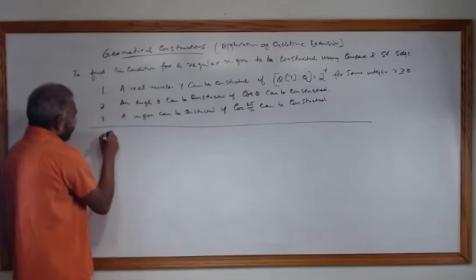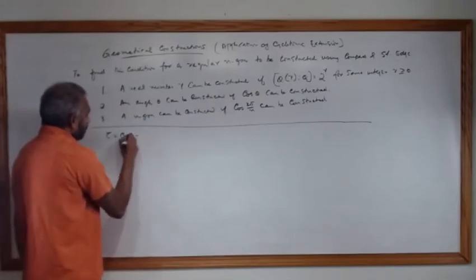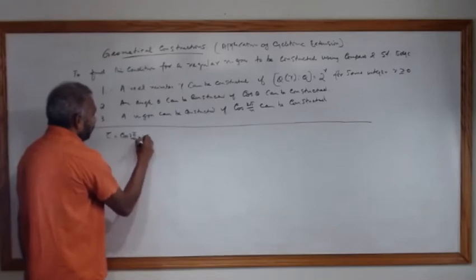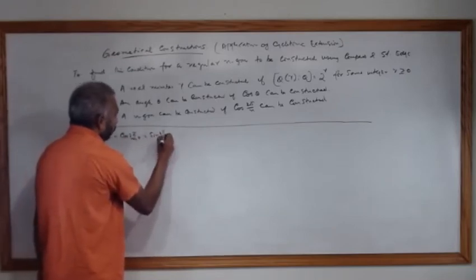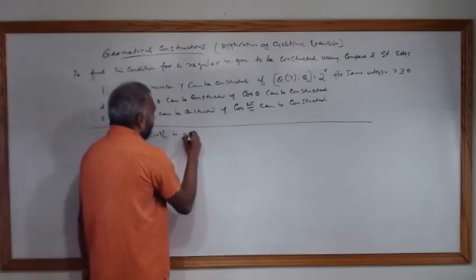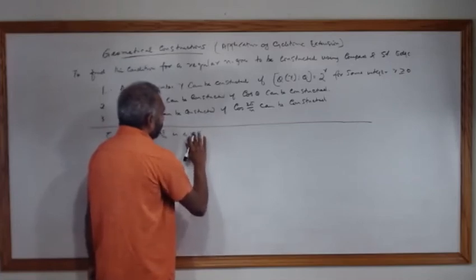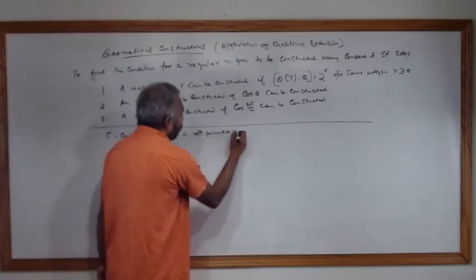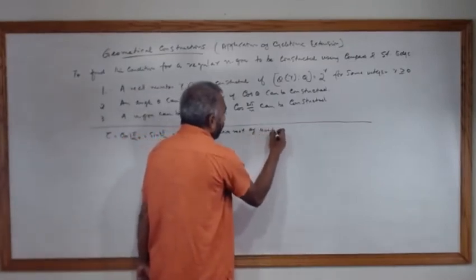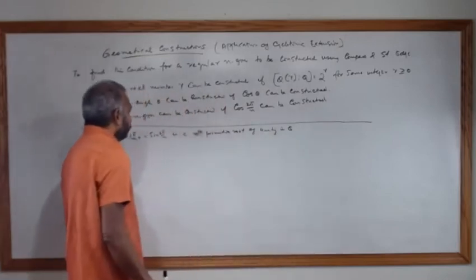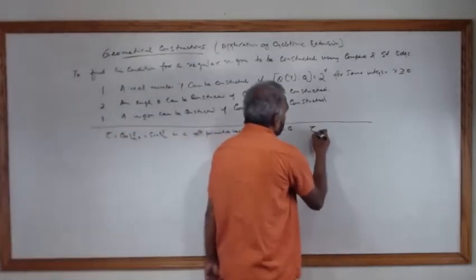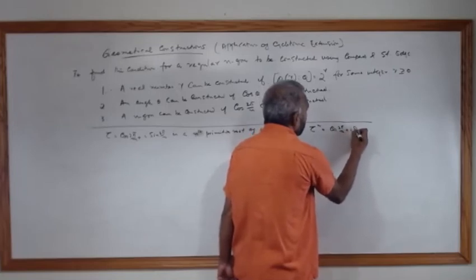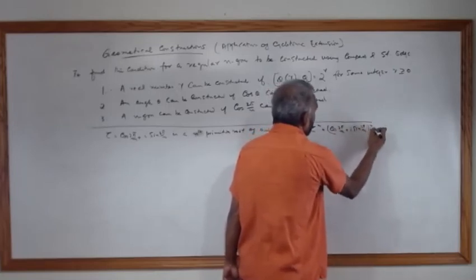This zeta, equal to cos 2 pi by n plus i sine 2 pi by n, is a primitive nth root of unity in C. This is because zeta to the power of n is equal to cos 2 pi by n plus i sine 2 pi by n, all to the power of n, and you can calculate that it is equal to 1.